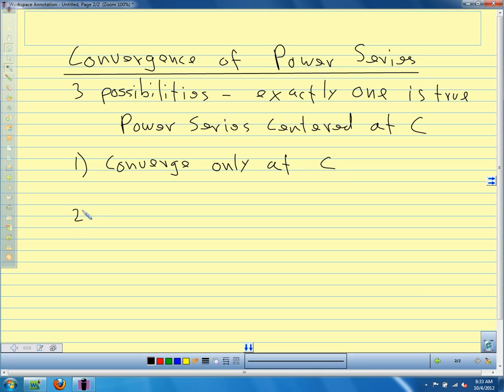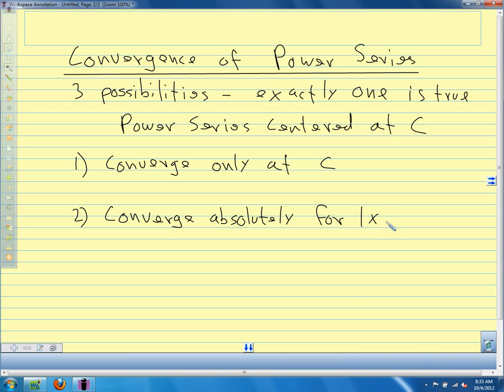Our second possibility is it will converge absolutely when the absolute value of x minus c is less than some r.